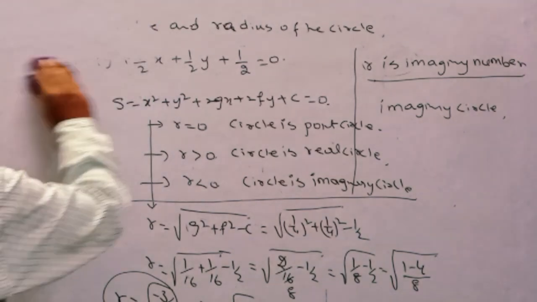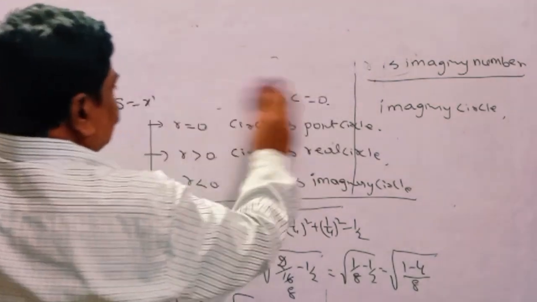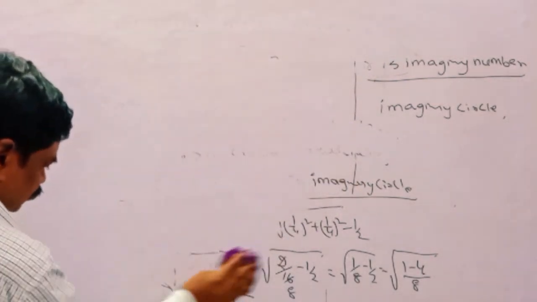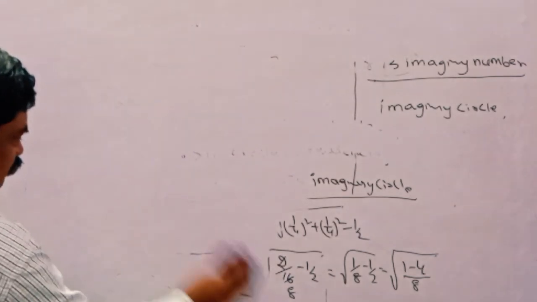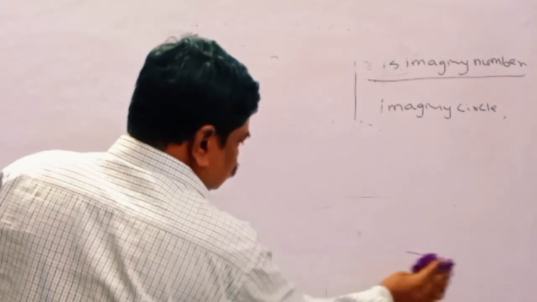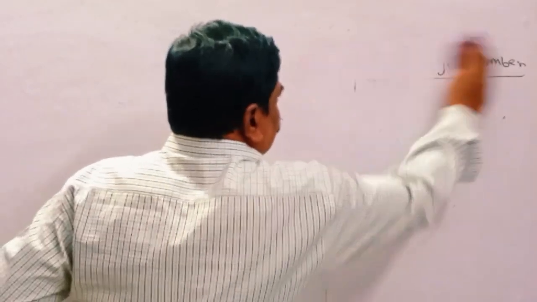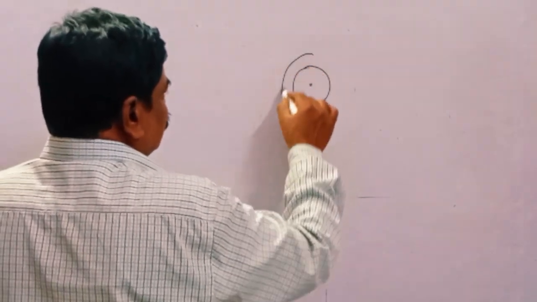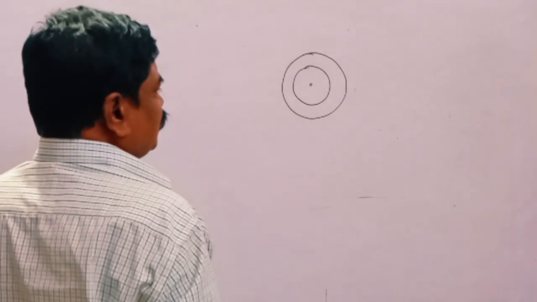Then next topic. Suppose the circles are this one and this one.